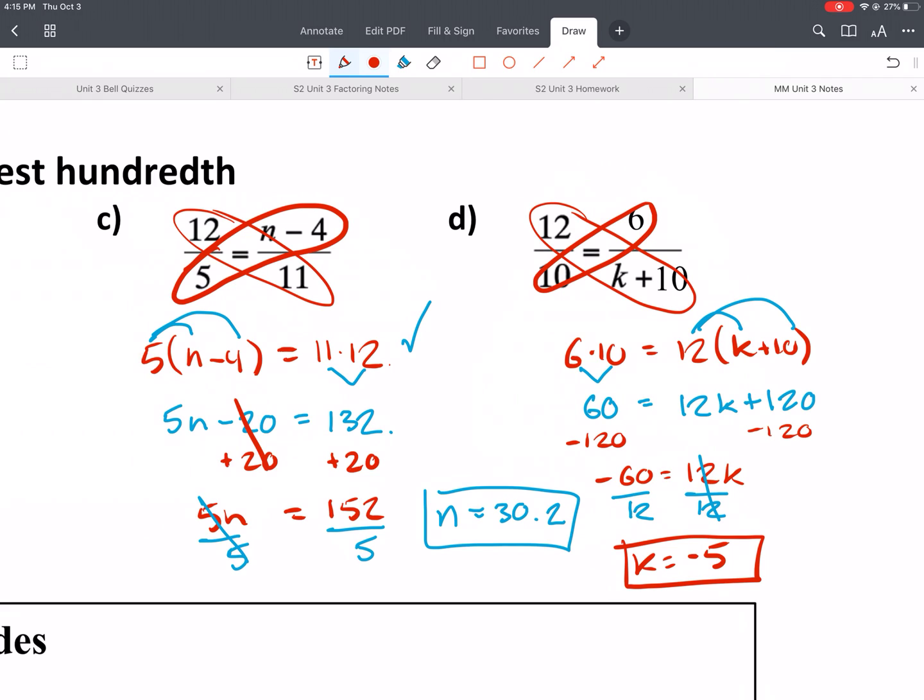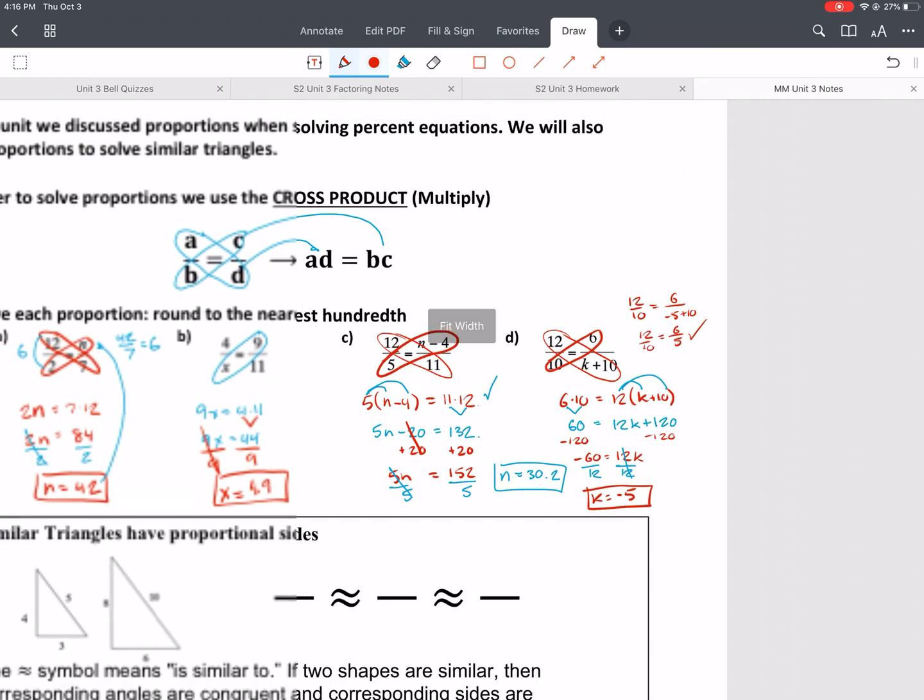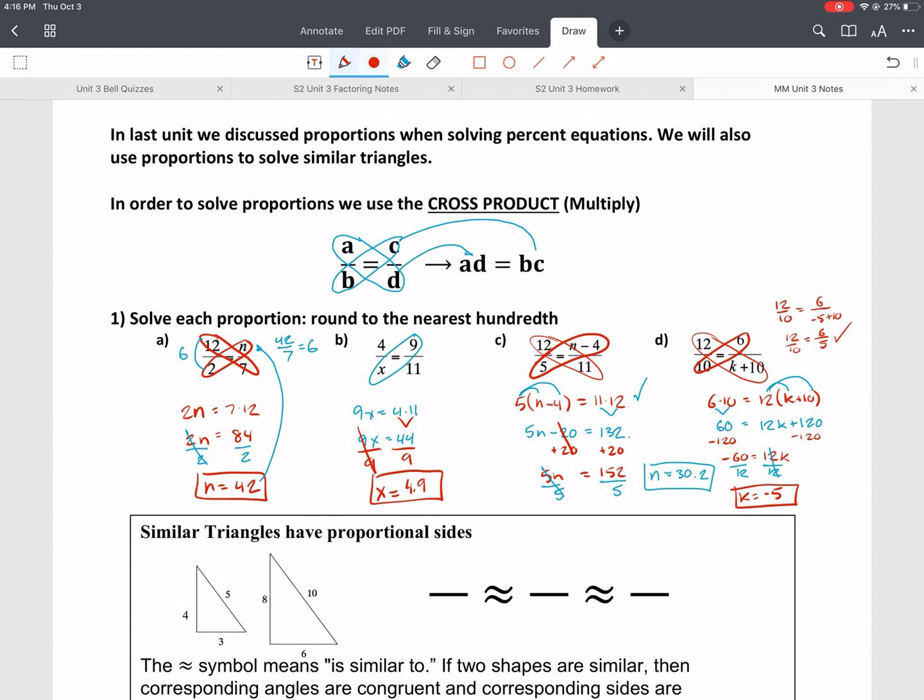We would end up getting 12 over 10 equals 6 over negative 5 plus 10, which is the same as 6 over 5 equals 12 over 10. And if you look at that, 12 over 10 is the same as 6 over 5, so we're all good.